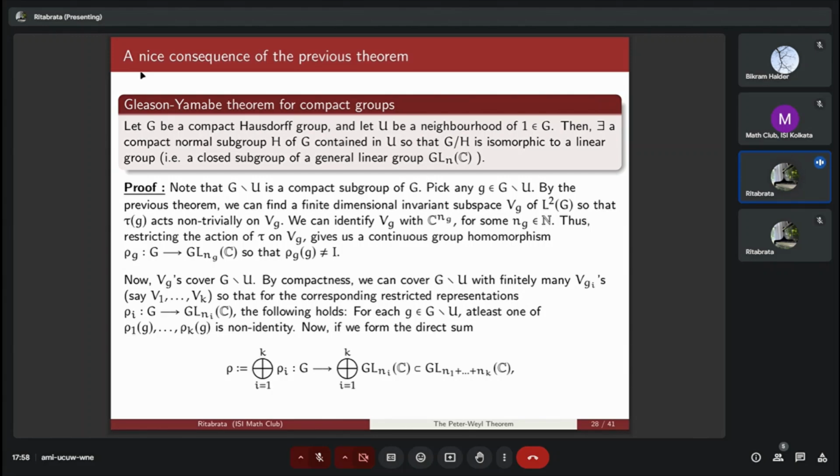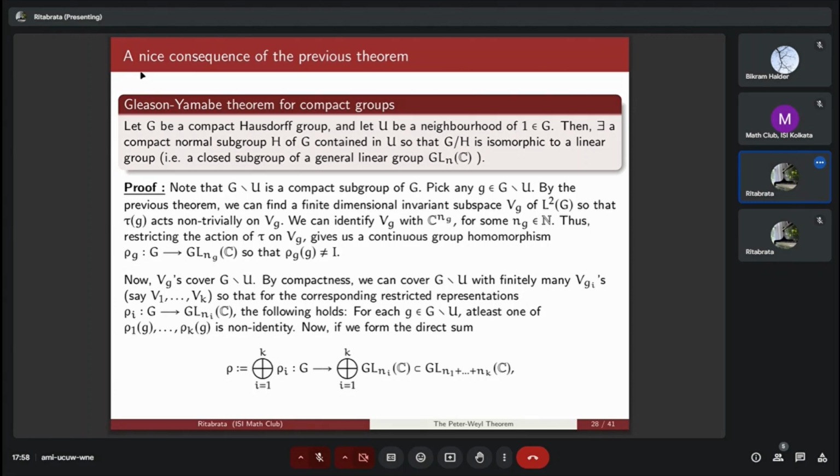Basically these open sets Vg covered all of G difference U. Since G difference U is compact, we can cover it by finitely many Vgi's, say V1 up to Vk, so that for the corresponding restricted representations rho_i from G to GL_Ni of C, we have the following statement: for each g in G difference U, at least one of rho_1(g) up to rho_k(g) is non-identity. Why?